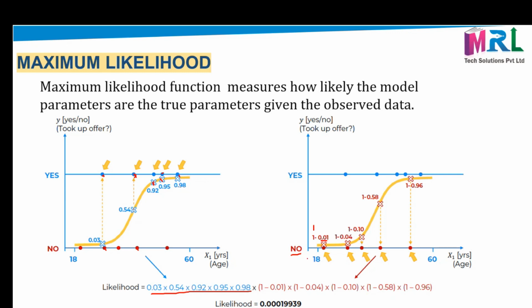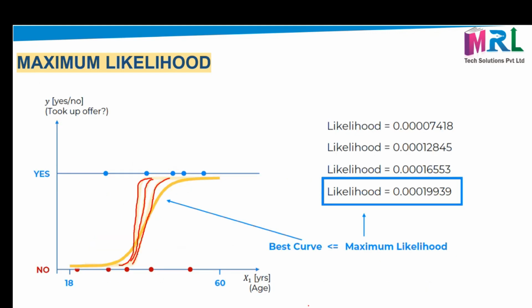To make that equal, I am making this 1 minus 0.01. Similarly, this point is 1 minus 0.04, and this point is 1 minus 0.10, like that. Multiplying the probabilities of all the data points, I get a likelihood of some value like 0.001. Like that, I will calculate for all the different slope lines.